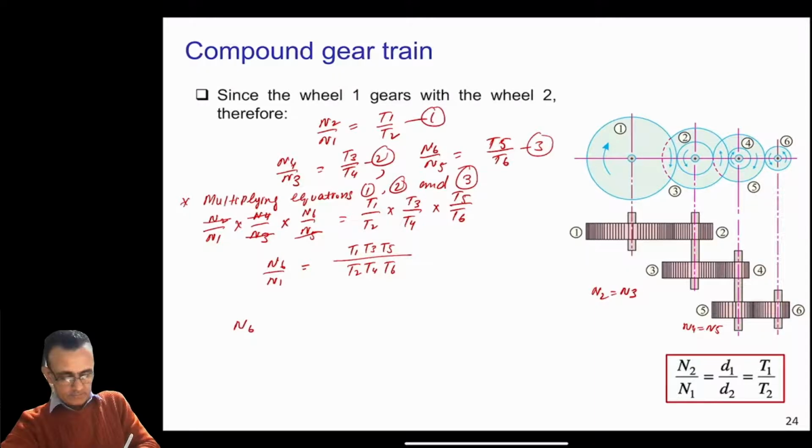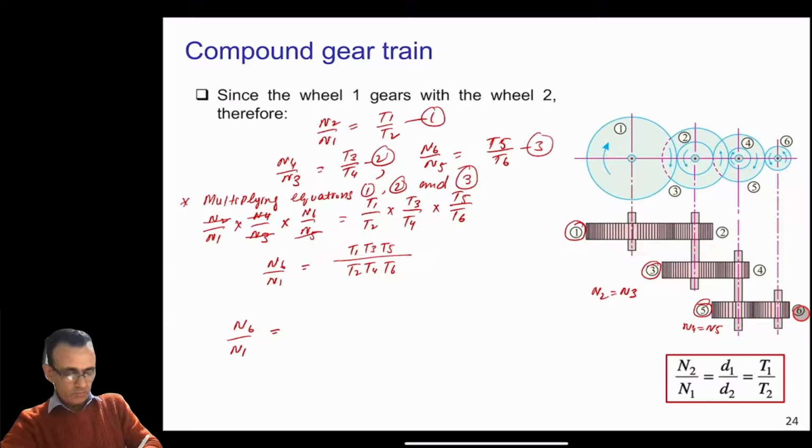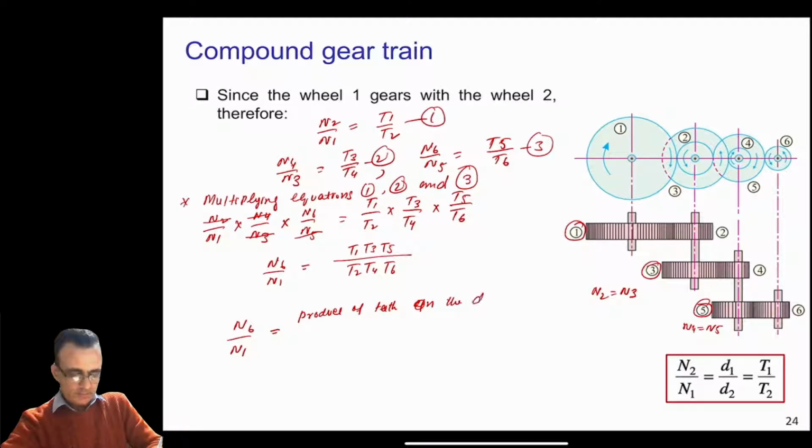So n6 by n1 will be equal to, if you look at this, t1, t3, and t5. t1 is this one, 3 is this one, and 5 is this one. And so t1 is a driver for t2, 3 is driver for 4, and 5 is driver for 6. So what we will say is the product of teeth on the drivers.